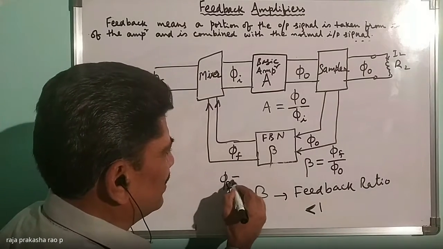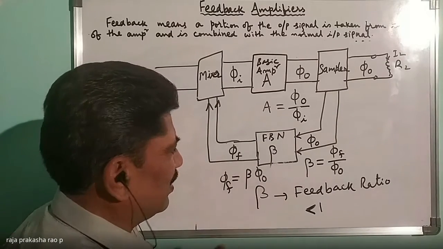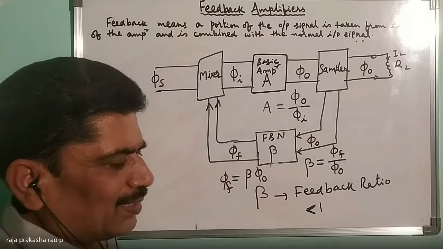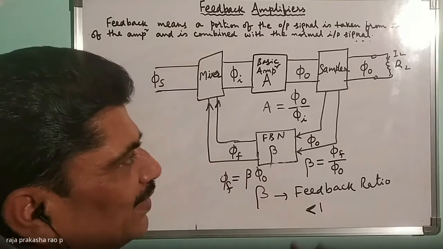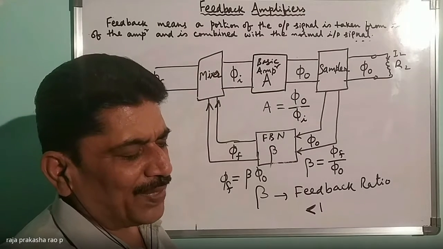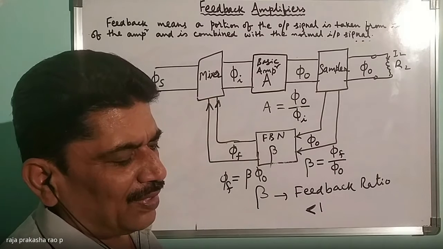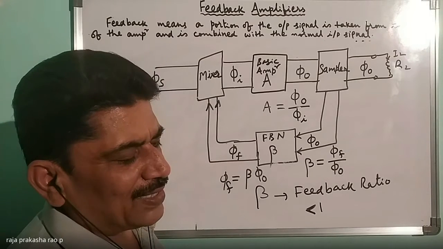The feedback signal xf is equal to beta times xo. So in that way we are getting a portion of the output signal. Have you followed this? Confident, yes or no? Yes, sir. Okay, how many of you are following this?